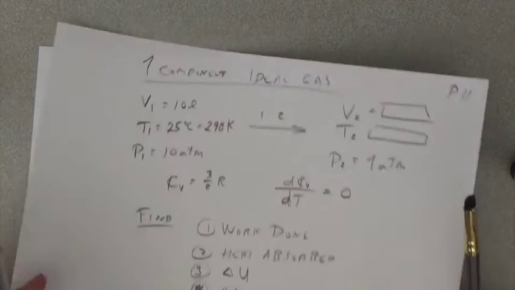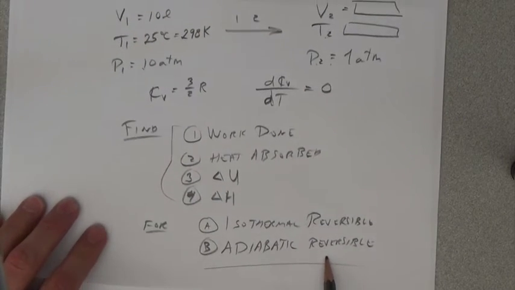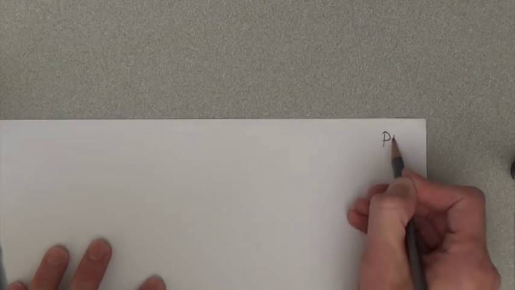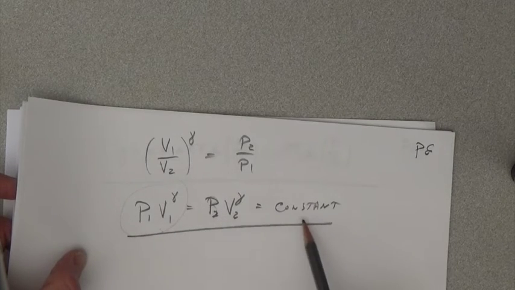And then the next question was do the same, but now for an adiabatic reversible transformation. So going back to our notes, we looked at adiabatic reversible transformations, and what came out of that was that this expression has to be equal to a constant.